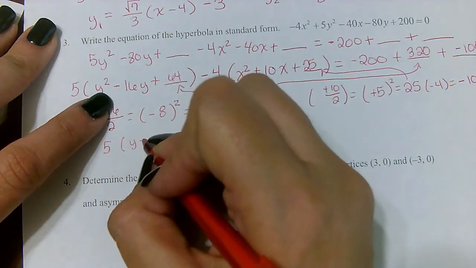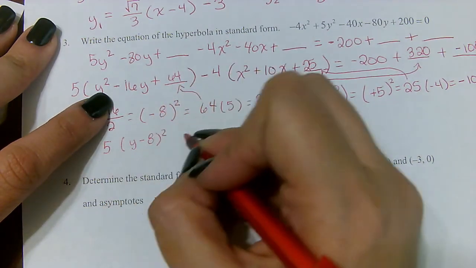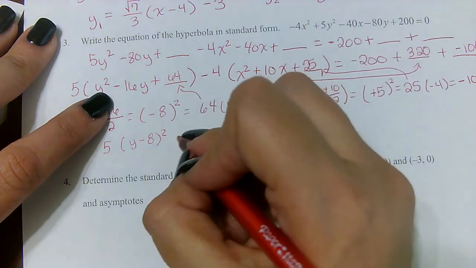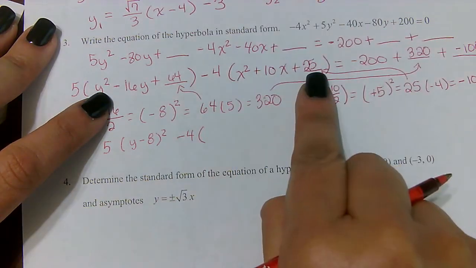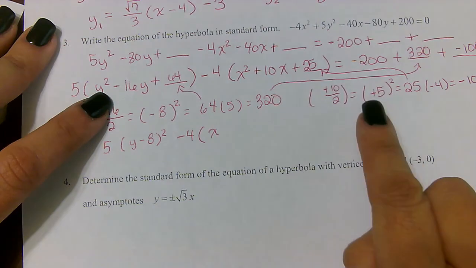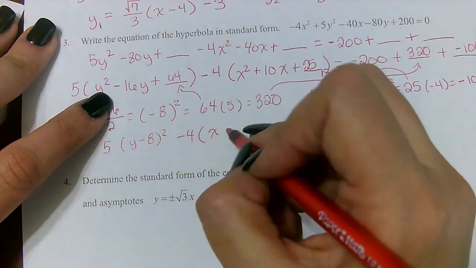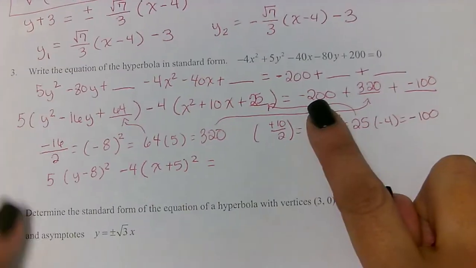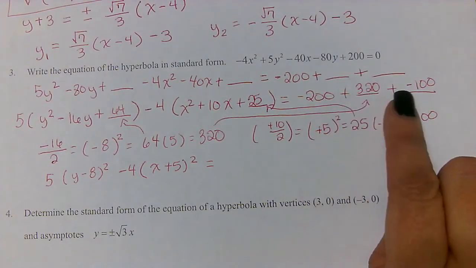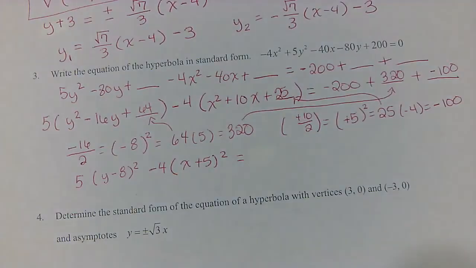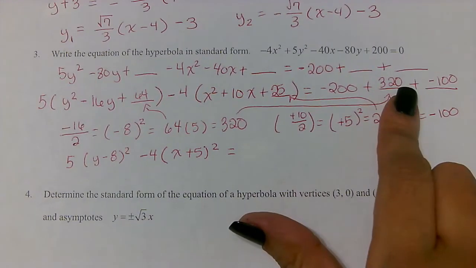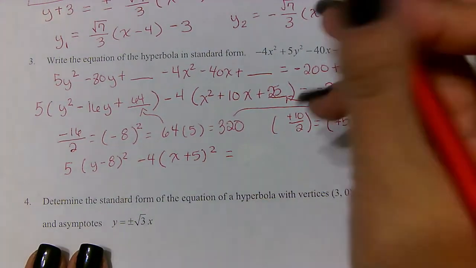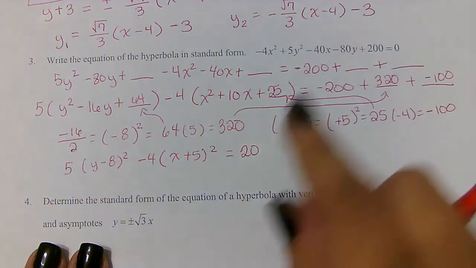So y minus 8 squared minus 4. This is a variable of x, and I'm using this part right here. So x plus 5 squared is equal to, and then now I just want to go ahead and add all this together. The negative 300 plus a positive 320 will get me a positive 20.